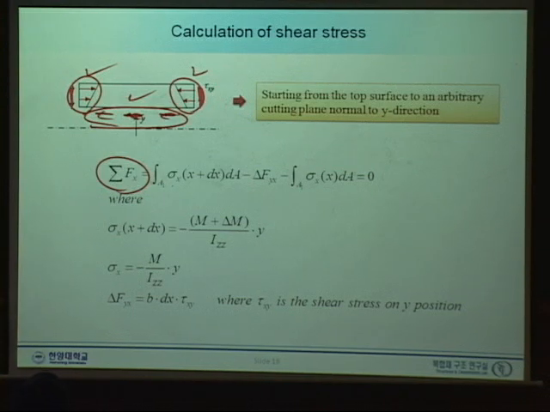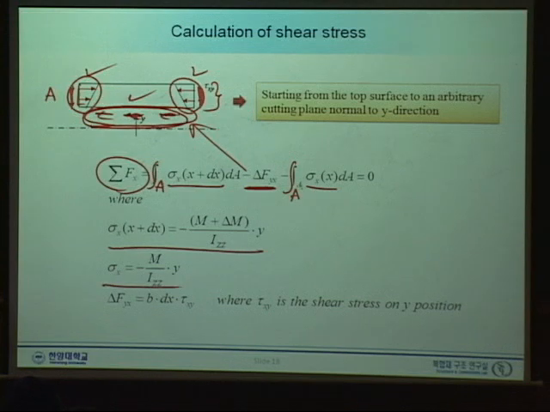So this whole part should be integrated over this area A, and on the left-hand side, this is the sigma x integration over A. This is the same A here, and this one is representing this part, and should be 0. And this one is given like that.